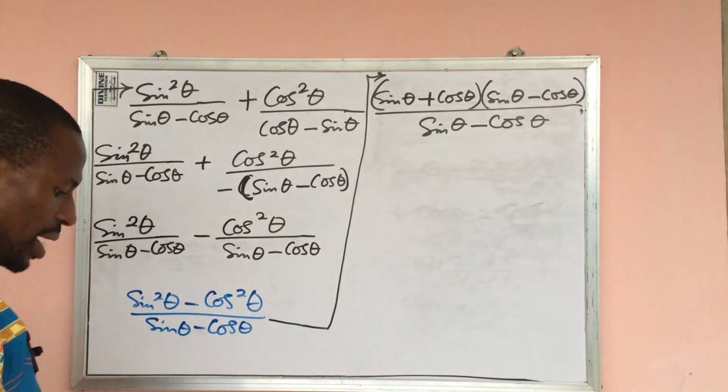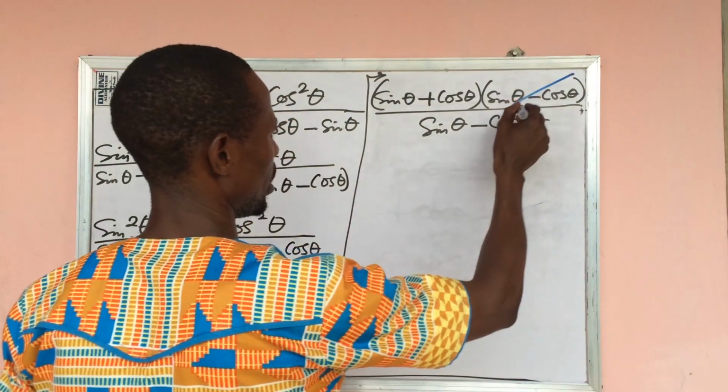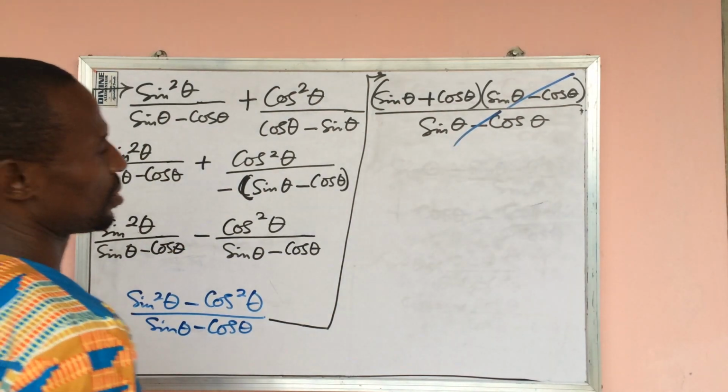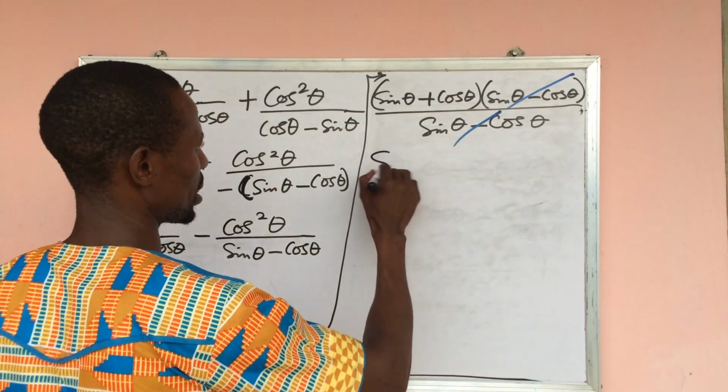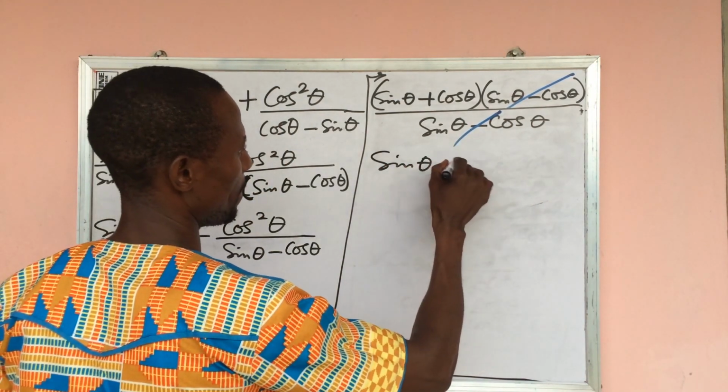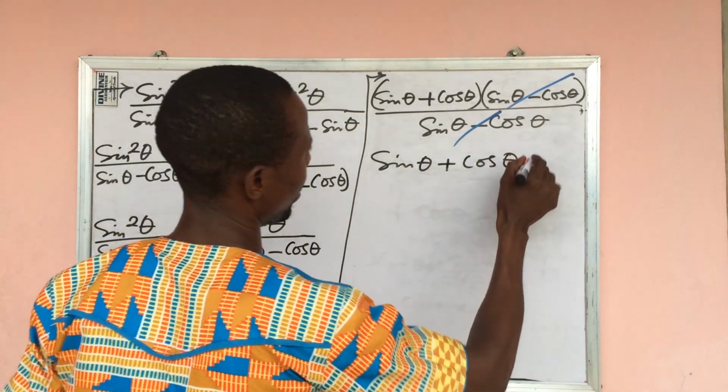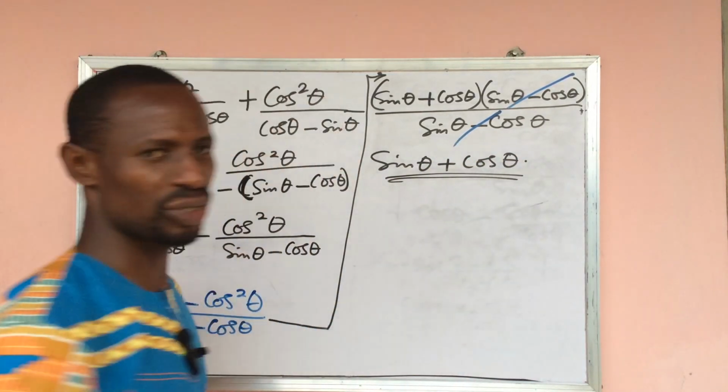You now discover that what we have here, we also have here. So we cancel that, and this and this will leave. When they cancel, we are left with sine theta plus cos theta, and this is what we are asked to prove.